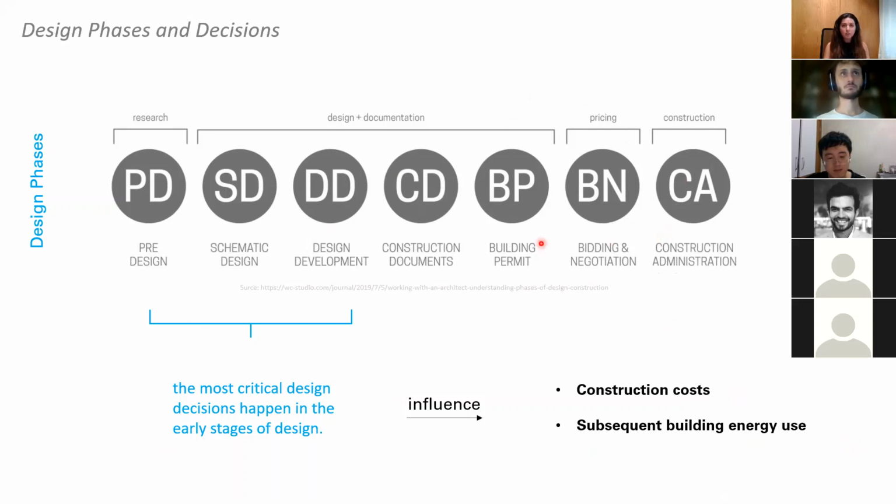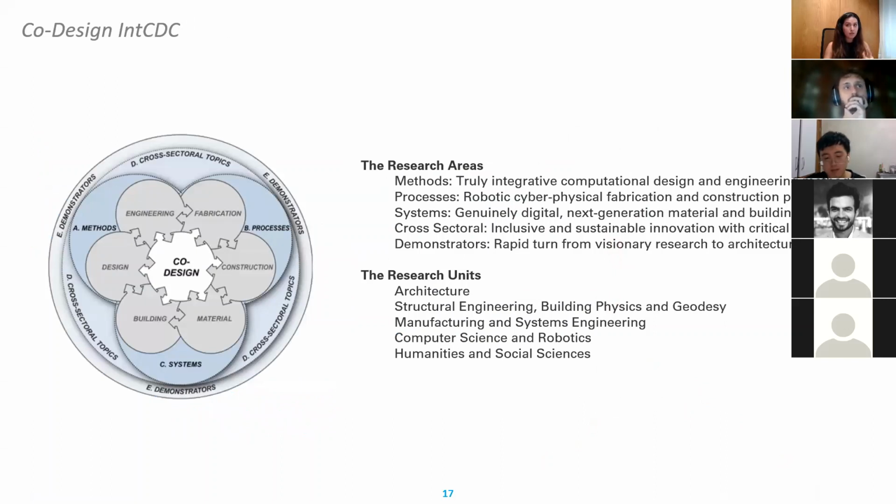So we need to consider data from every stage, every discipline of design, and integrate this with each other and communicate restrictions from each other. Therefore, an integrative approach that considers design and analysis methods, manufacturing and construction processes, as well as material and building systems, such as co-design, must integrate data from multiple disciplines starting from the early stages of design.